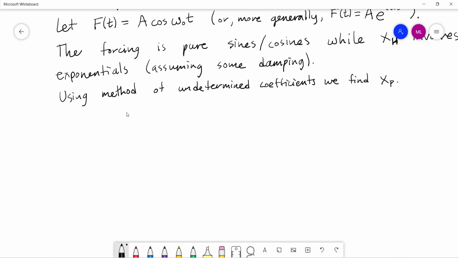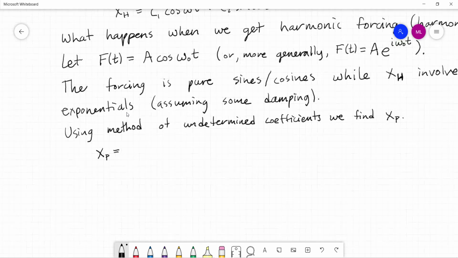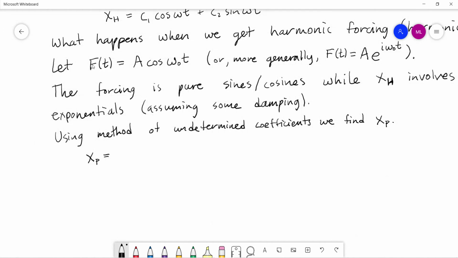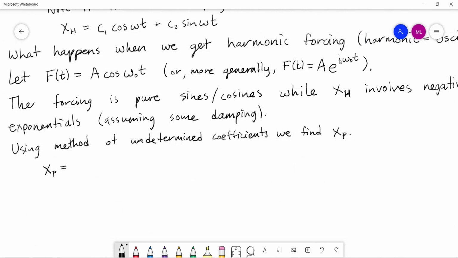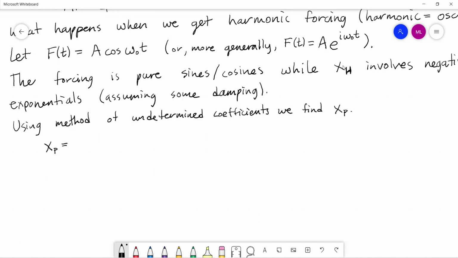What we would probably guess is basically, if the form of our forcing term looks like a pure sine and cosine, or in this case, if it looks something like this, then the guess for the particular solution should also look similar to that. So, instead of using A, I'll use some letter C, but it's going to look like C e to the i omega naught t. That would be our best guess.